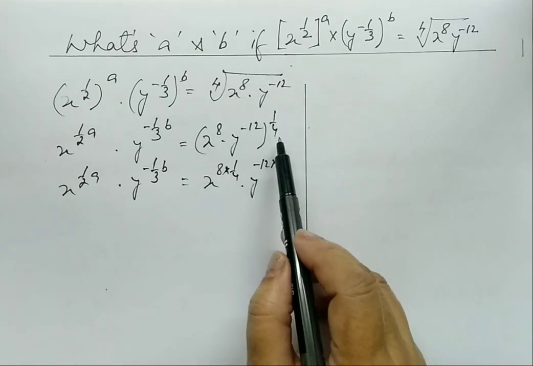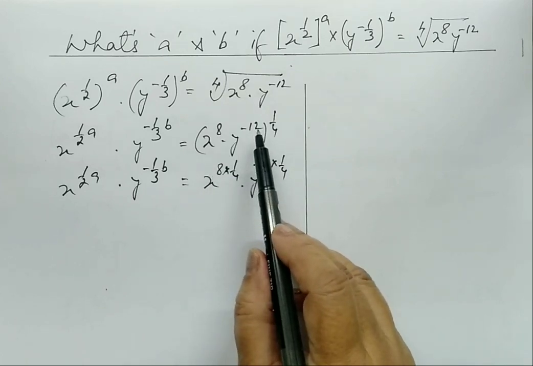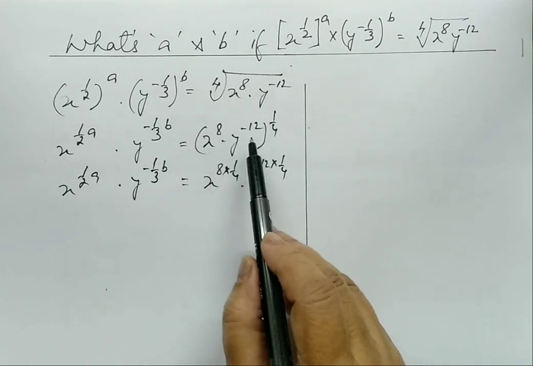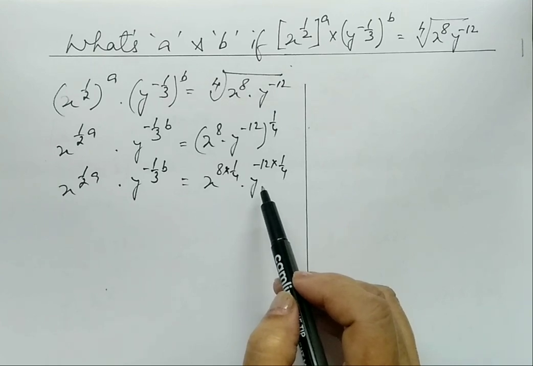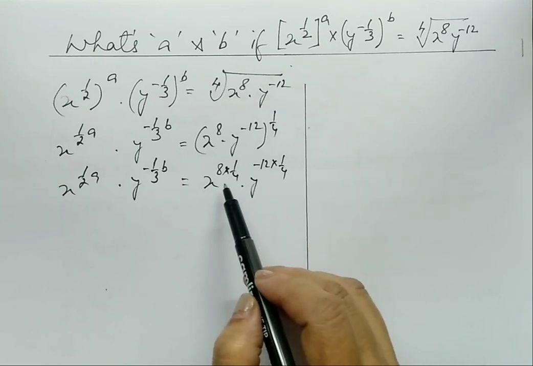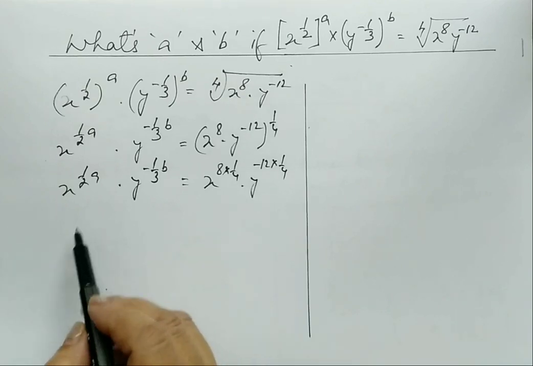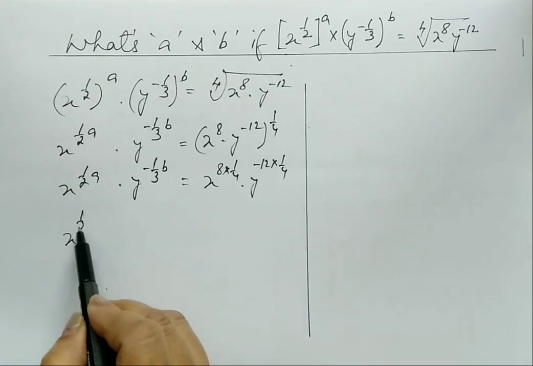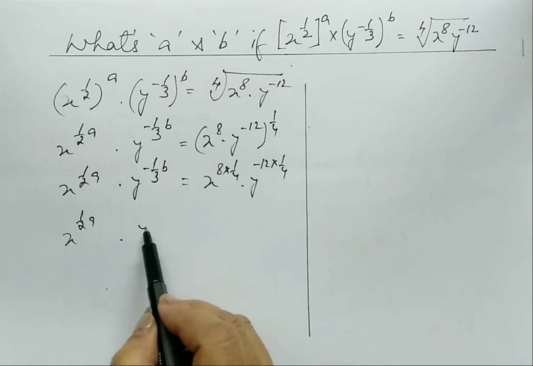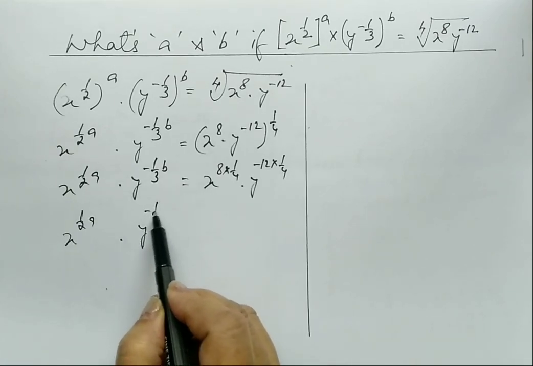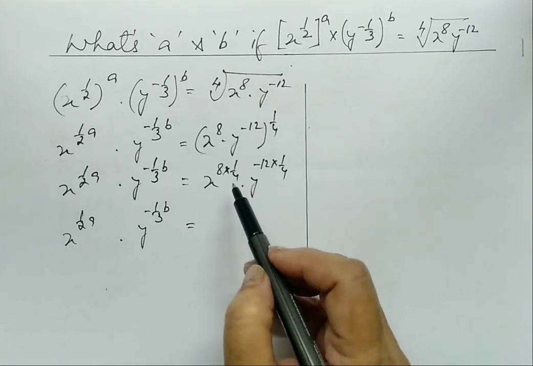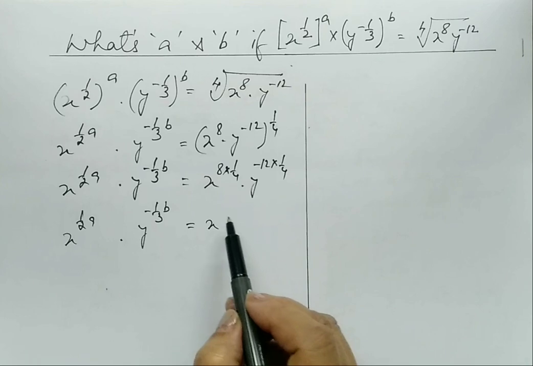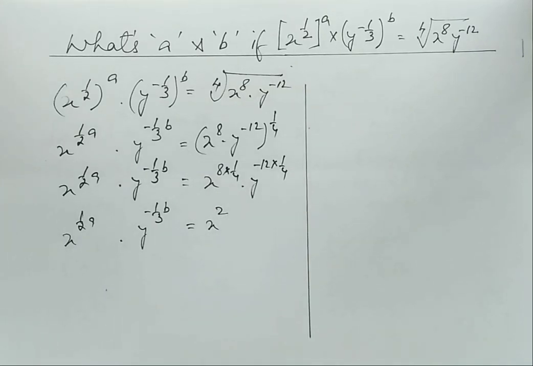Now whenever there is a power given in joint, it means that it is applicable to every element inside the bracket. X is one element, y is another, which exactly I have done. X to the power half A multiplied by y to the power 1 by 3b equals, now this gets cancelled and I have an x to the power 2 here.